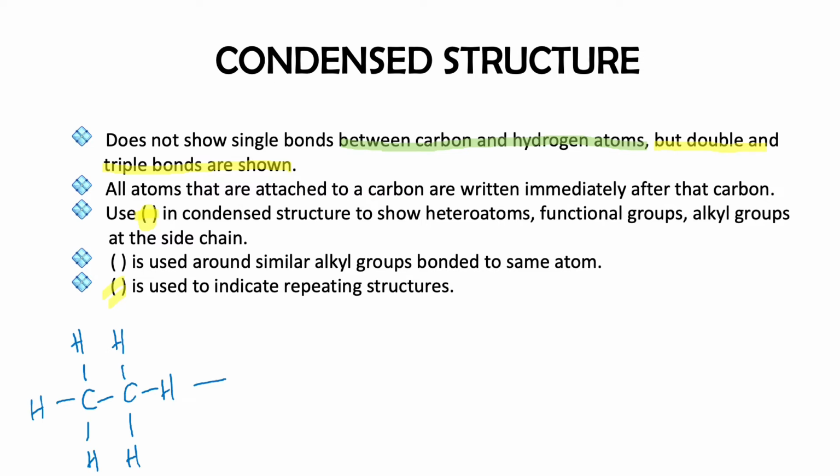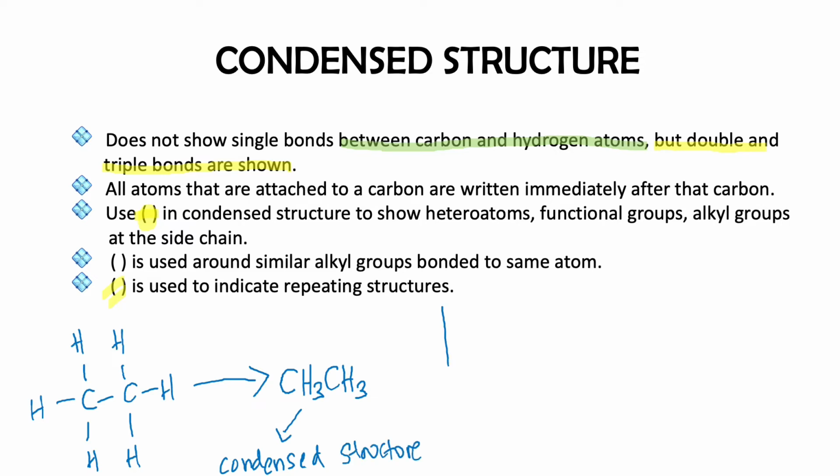Now, if you want to turn it to condensed, kita kena tak tunjuk dia punya single bond. We don't show the single bond. So, we are going to write it like this. CH3, CH3. So this is condensed structure.